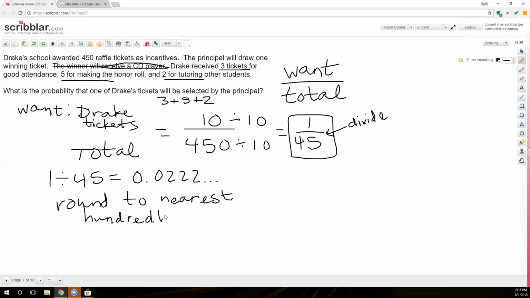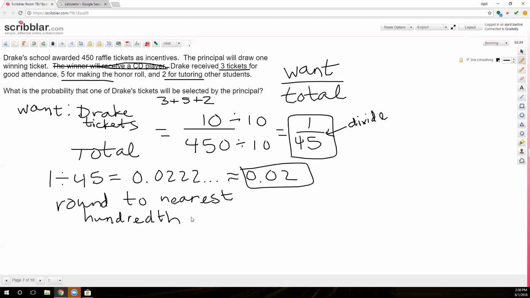Where would we stop if it says to round to the nearest hundredth? Good. 0.02. So that's option number 2. That could be our answer choice.